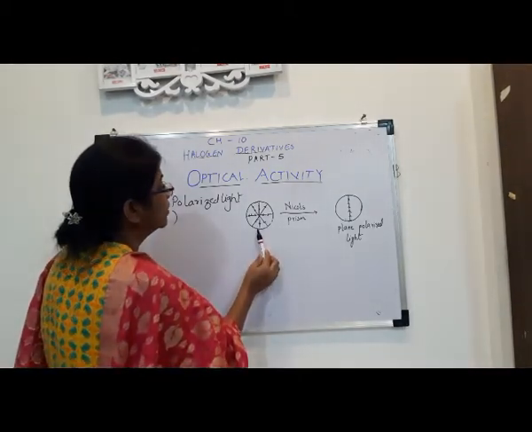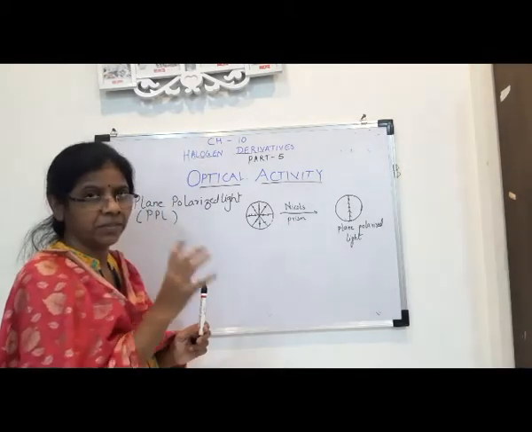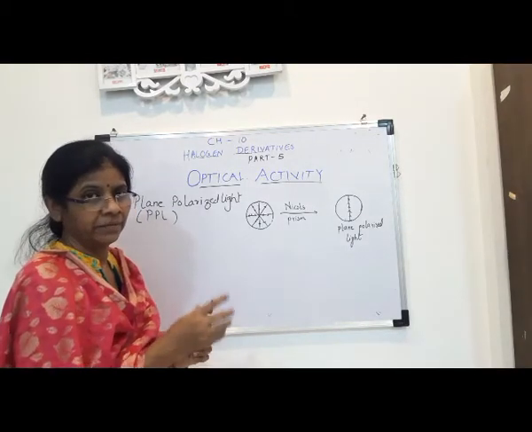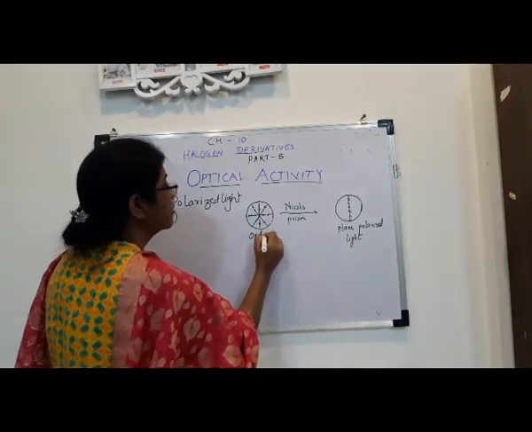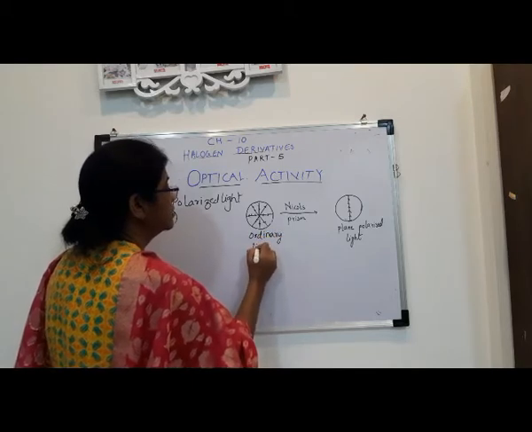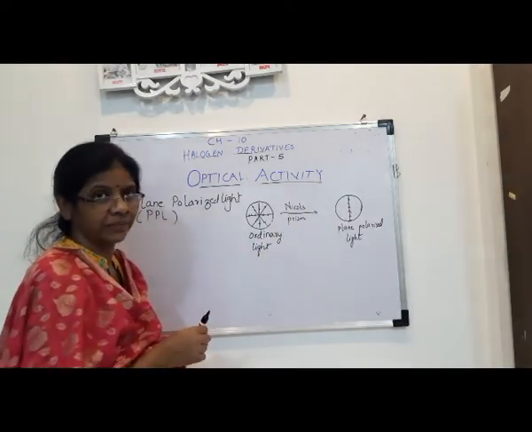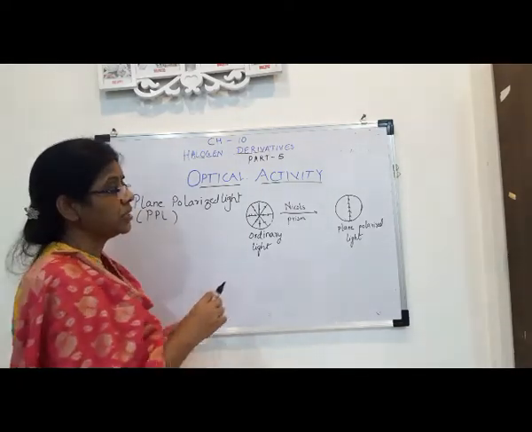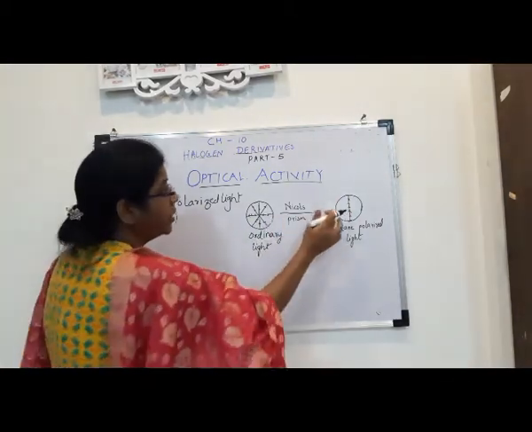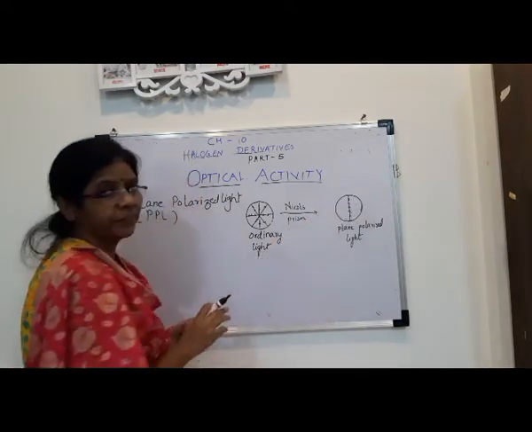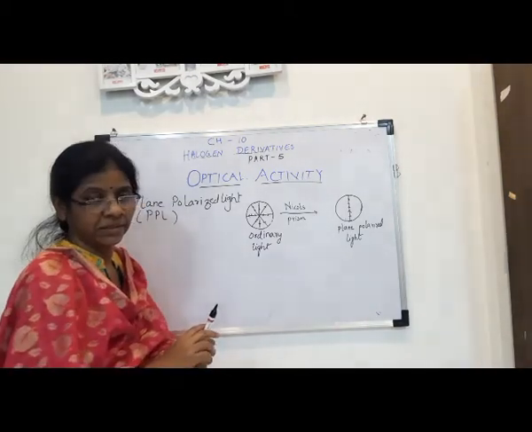When such an ordinary light is passed through a Nichol prism, which is a special type of prism very useful to learn optical activity, the light that emerges out will contain the oscillations only in one plane, only in one direction, perpendicular to the direction of light.